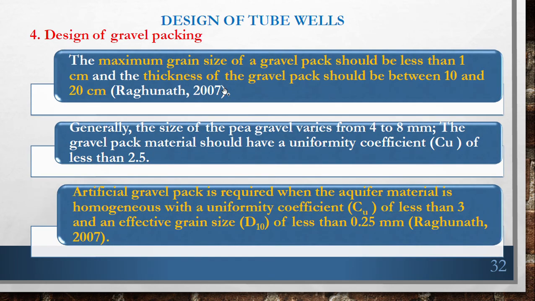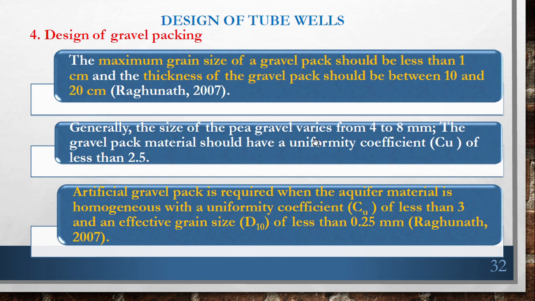The maximum gravel size of a gravel pack should be less than 1 centimeter. The thickness of the gravel pack should be 10 to 20 centimeters. An artificial gravel pack is required when the aquifer material is homogeneous with a uniformity coefficient less than 3. So we provide the gravel pack when the uniformity coefficient of the aquifer is less than 3 and the effective grain size, that is the D10 value, is less than 0.25. We provide the gravel pack in these conditions only.